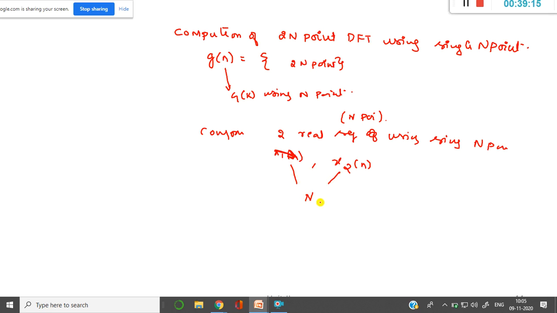So put together, I apply only once, one time, the n-point DFT to calculate x1 of k and x2 of k, right? So with this, I'll just give you one example.